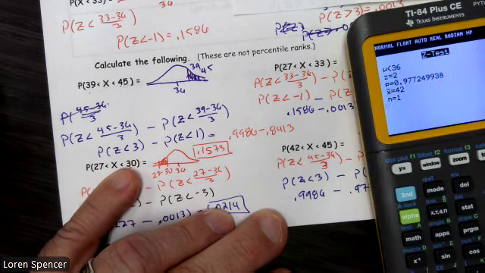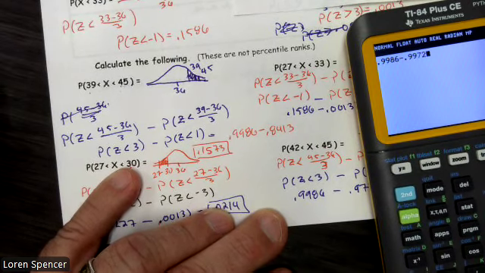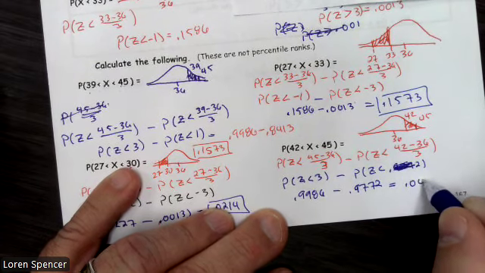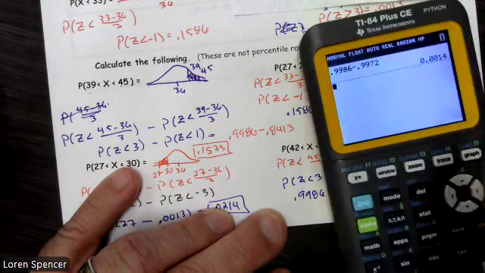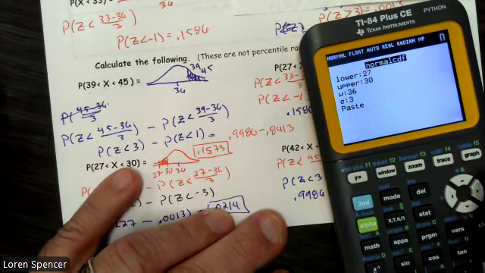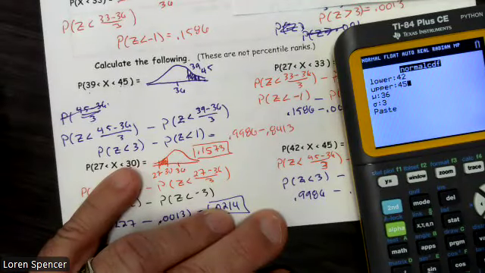When we subtract those, 0.9986 minus 0.9772, and we get 0.0214. And if we go to the normalcdf, 2nd VARS, normalcdf, lower bound 42, upper bound 45, we still have a mean of 36, a standard deviation of 3.